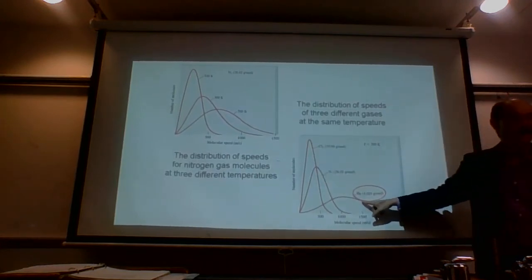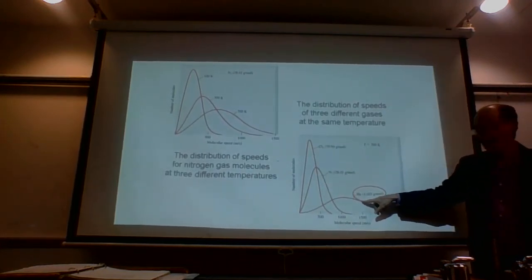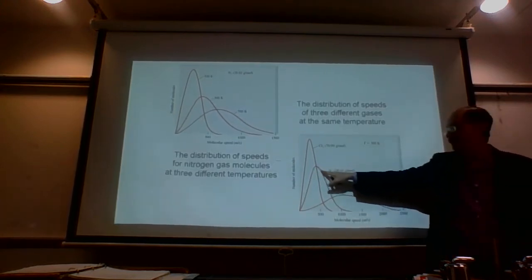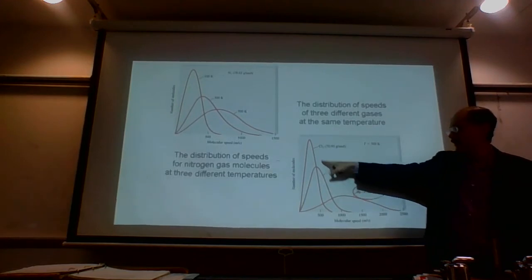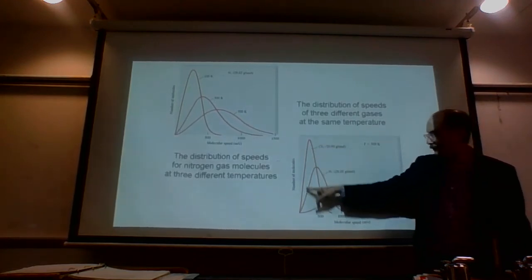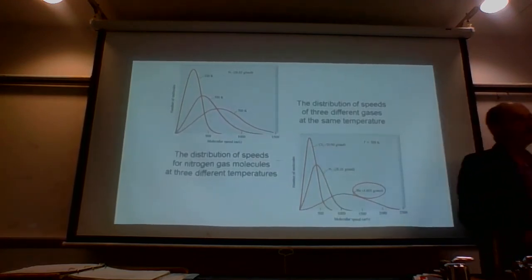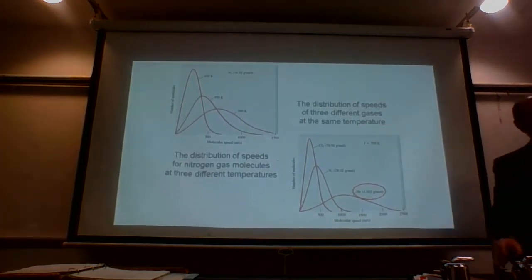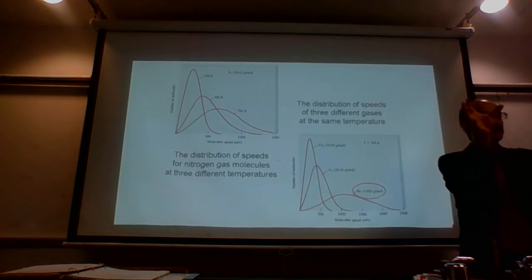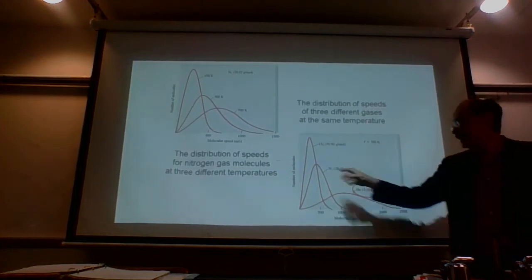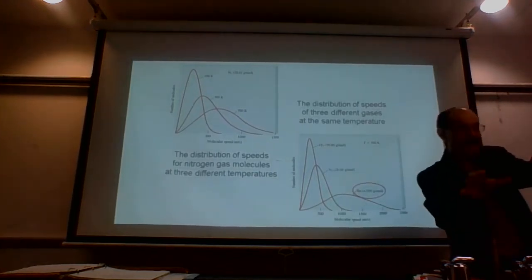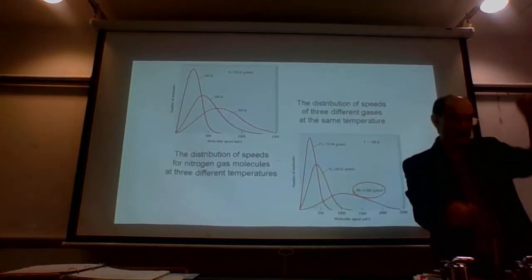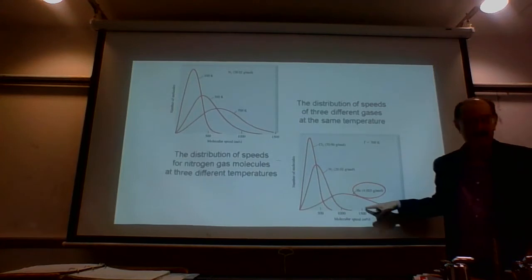So helium, a very small atom, its average speed is much, much greater than, say, nitrogen, which is a mid-sized molecule, and much greater than chlorine, which is a bigger molecule. And again, this follows along with what we said about kinetic energy having a product of mass times velocity. So that means that if I decrease the mass, the velocity will increase at the same temperature. And that's exactly what you see here.